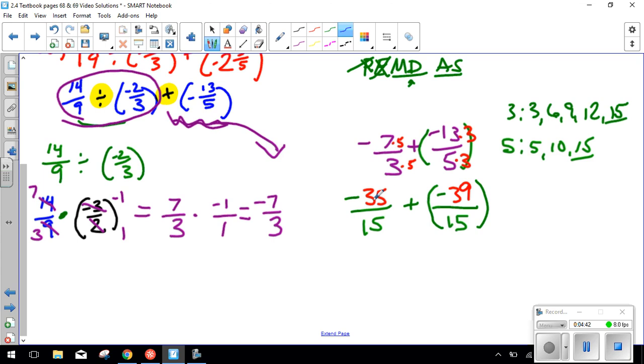So 39 plus 35, I'm going to add these because the signs are the same. I'm in addition right now. So in addition, when my signs are the same, I add. So I'm going to take my denominator and keep it, and 35 plus 39 is negative 74.